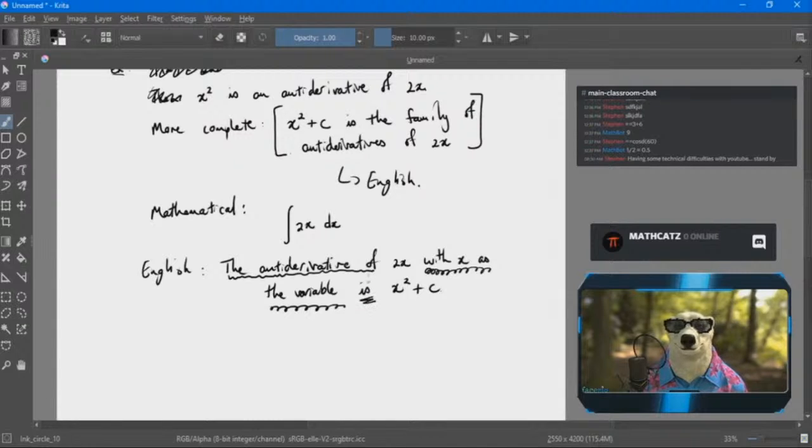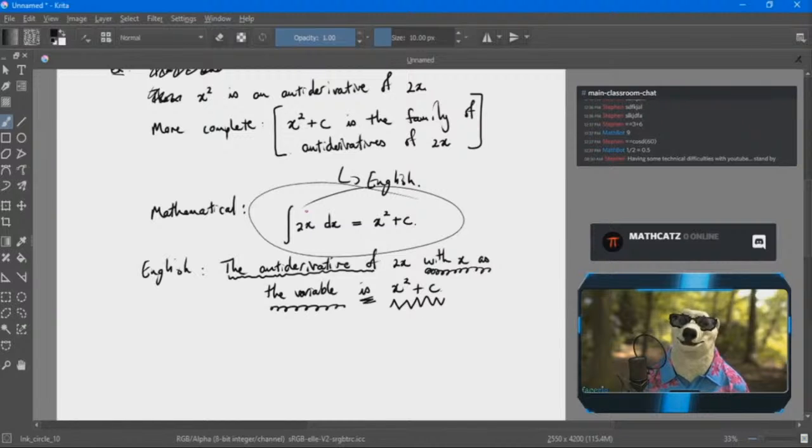The double squiggly line will be my equal, of course, and then the jagged lines will be my answer. So in the circular area, that is going to be my mathematical version of the translated sentence.